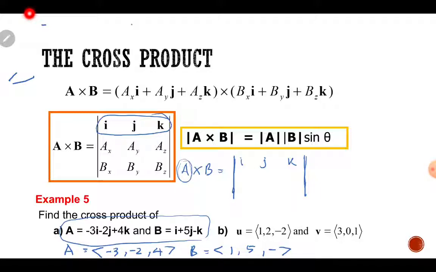So for our case, it's vector A. So susun according to its component. So the first entry is for i, second entry is for j, and the third entry is for k. And the third row is the vector B. So we have 1, 5, negative 1.